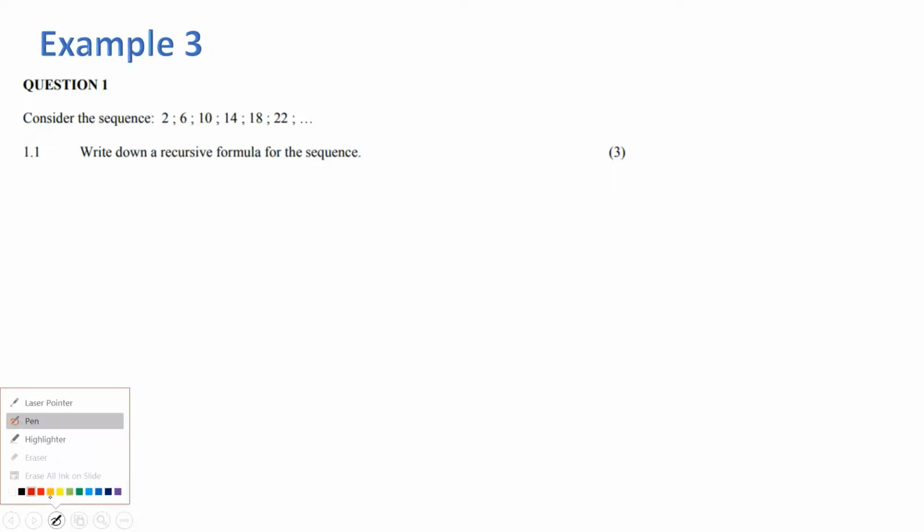Example 3. Let me get a different color here. We have a sequence, and we're asked to write down a recursive formula for the sequence. It's always important to have a quick glance at the sequence. What's happening here? Well, we can see there's a difference of 4.